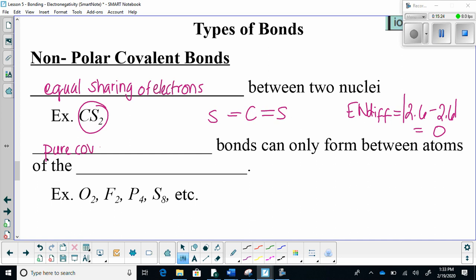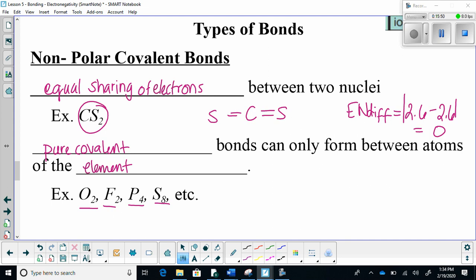Okay, pure covalent is another name for nonpolar covalent, okay? And they form between the same atoms, between atoms of the same element. So they get an electronegativity difference of 0 as well. The only difference is that they are bonded to themselves, okay? So oxygen is bonded to itself.